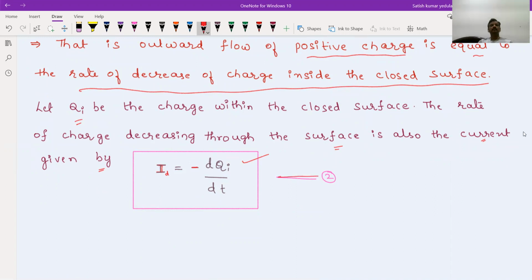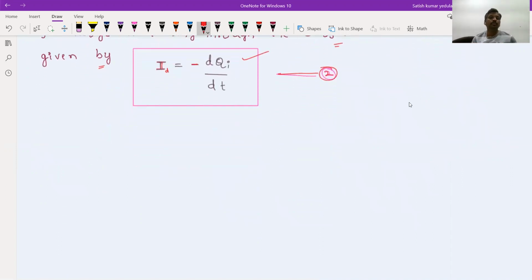Consider that as the second equation. From now onwards you can equate those two currents, because they are equal. So one is absolutely equal to two.